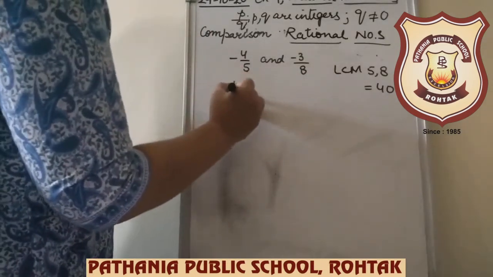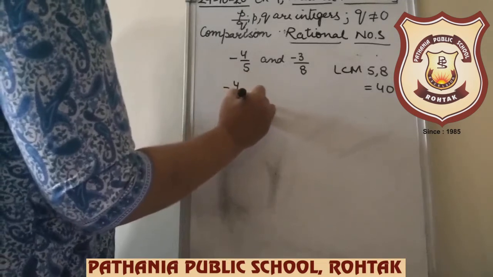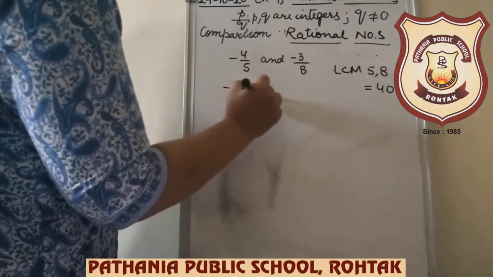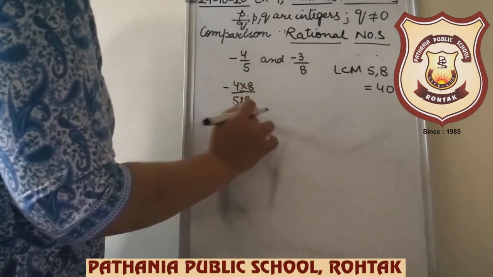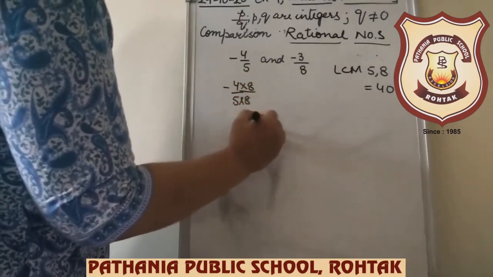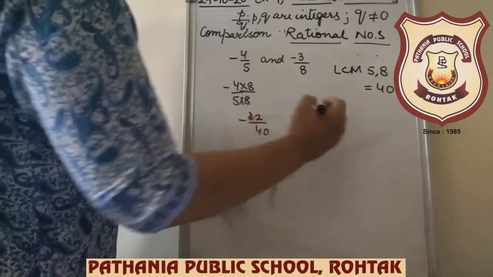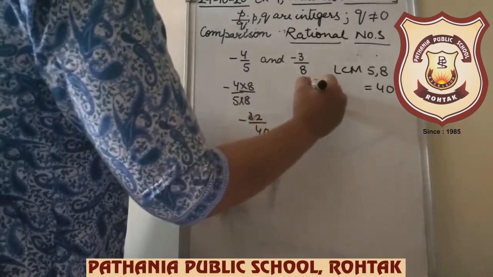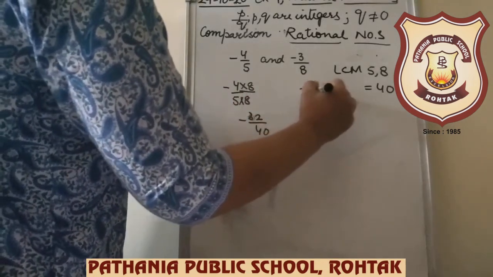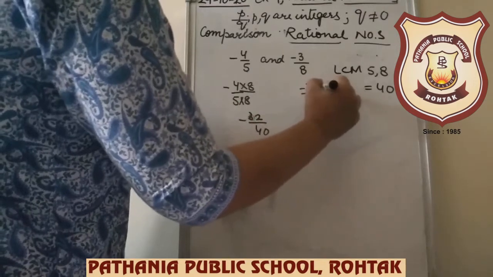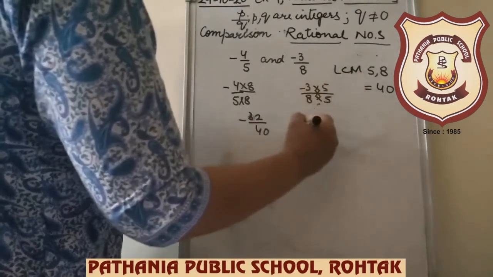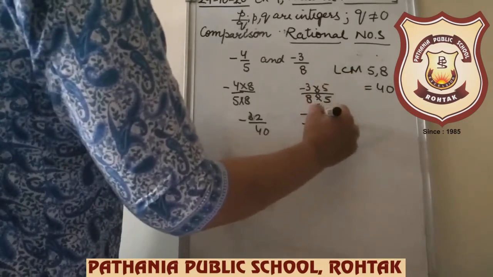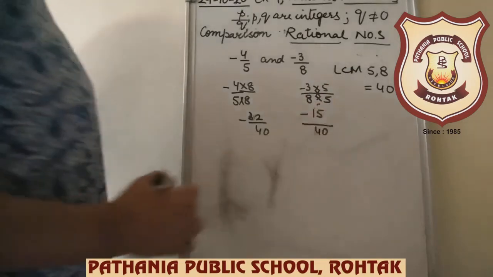So minus 4 upon 5 multiplied by 8 becomes minus 32 upon 40, and minus 3 upon 8 multiplied by 5 becomes minus 15 upon 40.